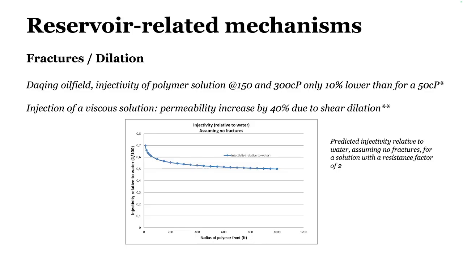Interestingly, no one I know has ever observed this in the field. So the question is, what's the difference? Based on all the experience gathered, the well tests, the sampling and the monitoring, the answer that popped out was basically the existence of fractures.